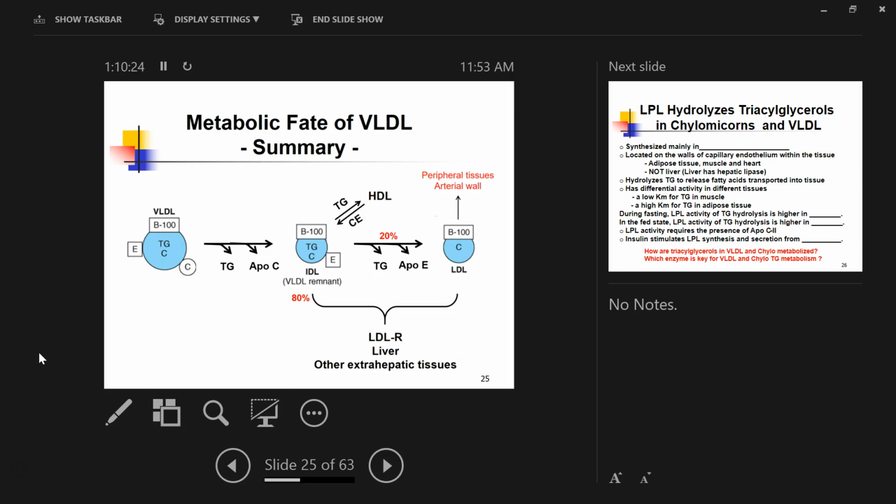There also exists exchange of lipids between HDL and IDL.